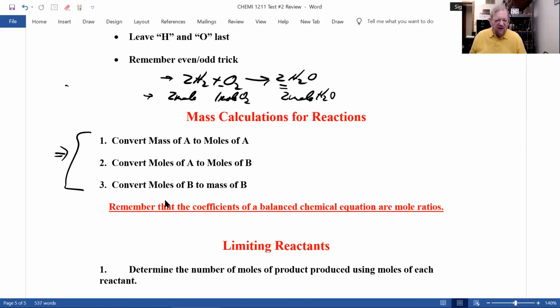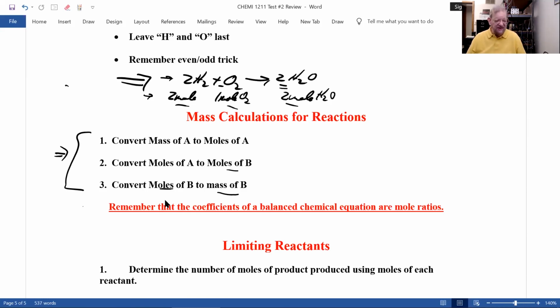Once you get that to moles, you convert from moles of A to moles of B using the balanced chemical equation to give you molar ratios. We did that Thursday and Friday. Hopefully you've practiced that. And then finally, once you get the moles of B, you take the moles of B and convert it to grams of B.